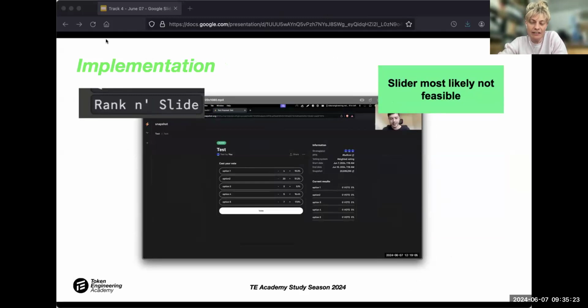Should we make the current status of voting visible or invisible? Okay, invisible. Any other opinions? Invisible? +1, okay.